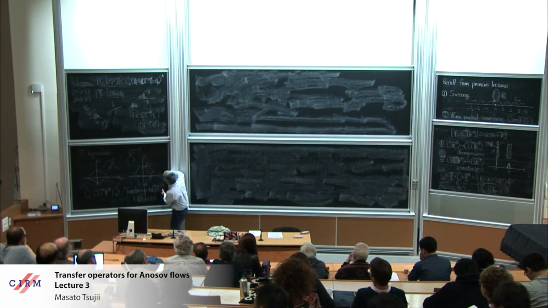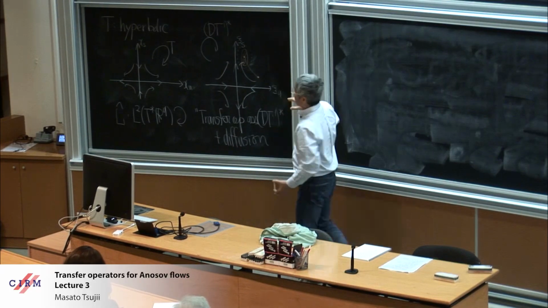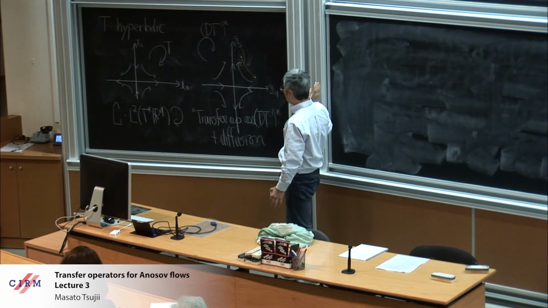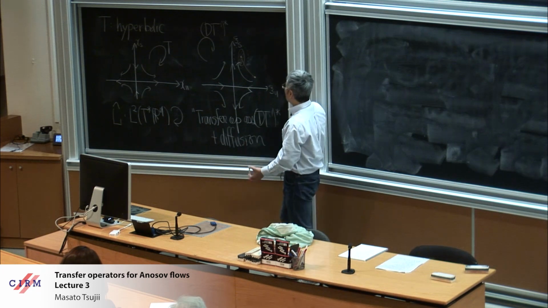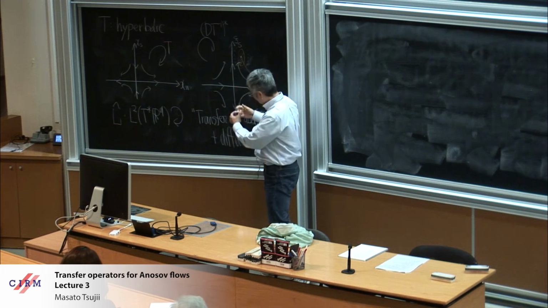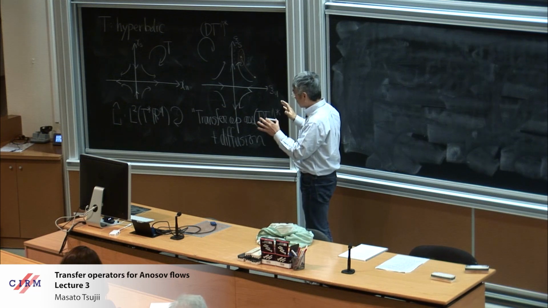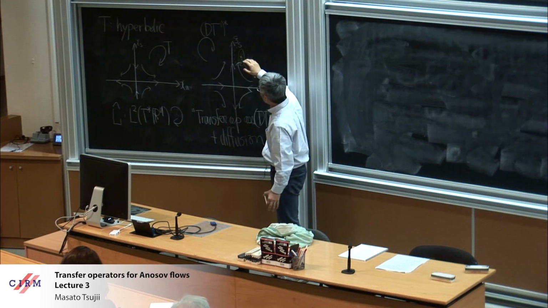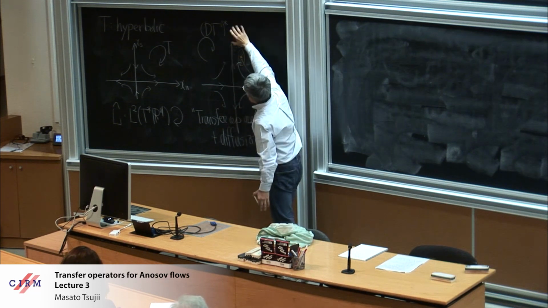If you consider this motion of a function, it is just a transient. It comes from this direction, maybe at very high frequency, and by the effect of hyperbolic dynamics, by expansion, it becomes some low frequency part, and then after a long time, by the contraction here, we get high frequency again.